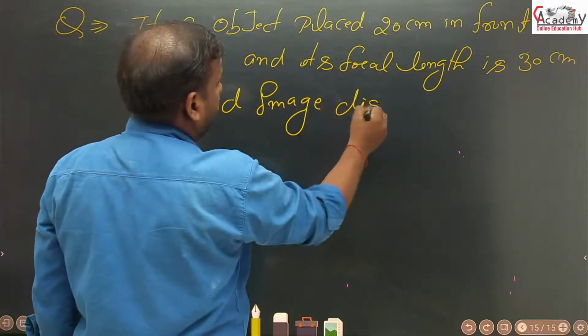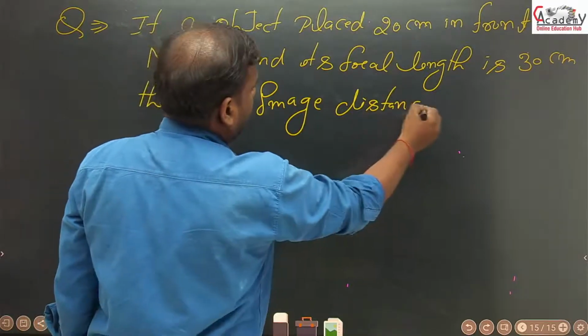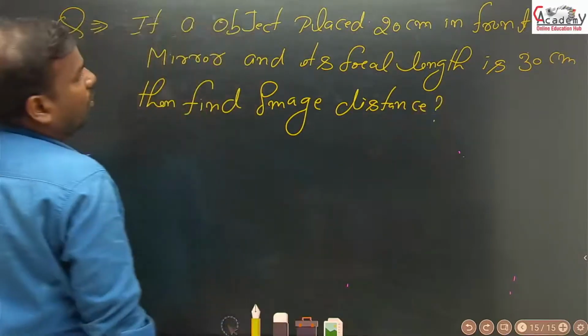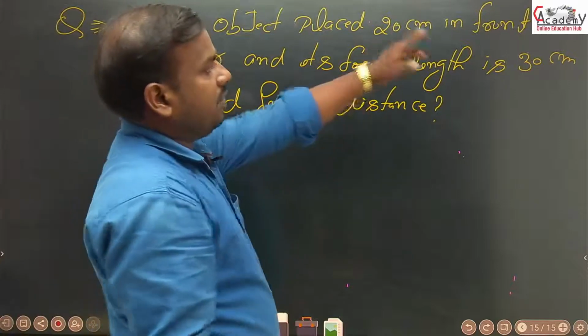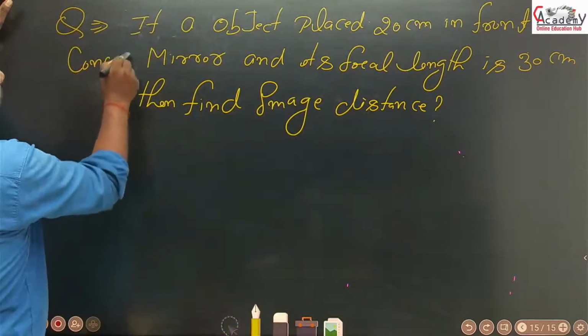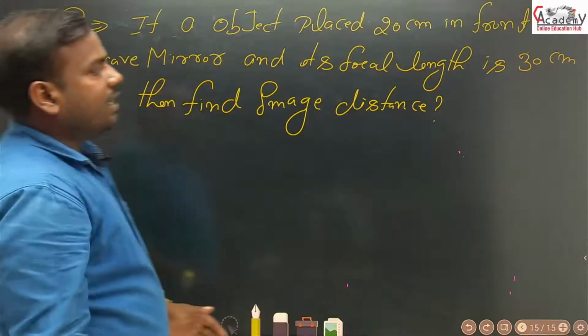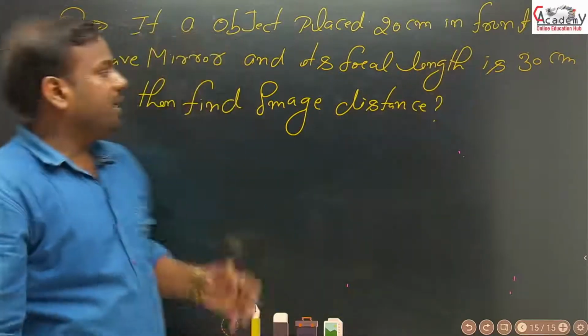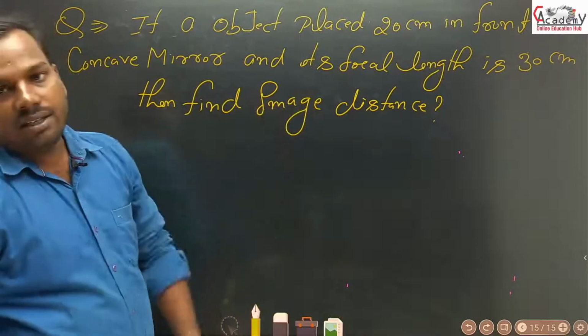If an object is placed 20 centimeter in front of the concave mirror and its focal length is 30 centimeter, then find the image distance.